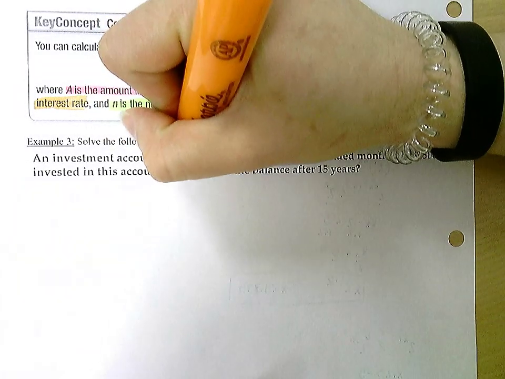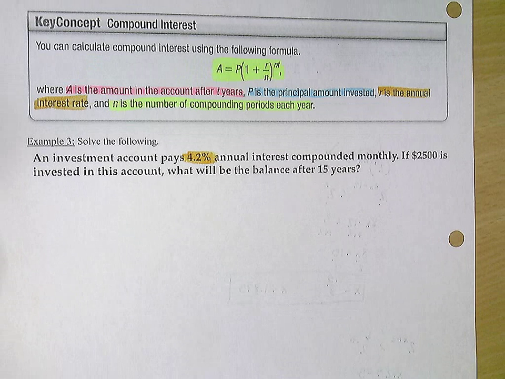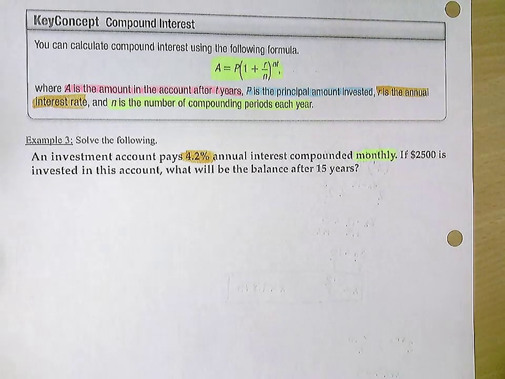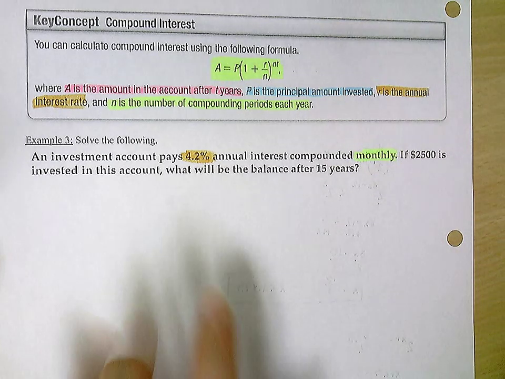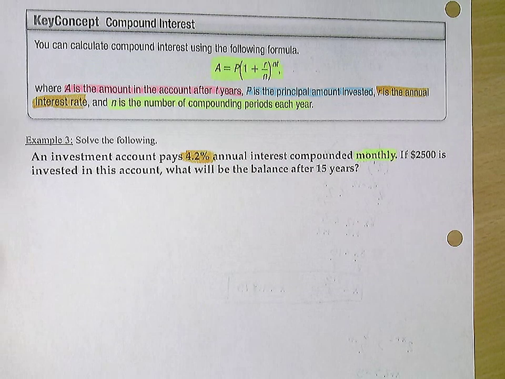That is your rate. Now that is compounded monthly, so you're doing it every month within that year. That is your number of compounding periods in a year. It's monthly.